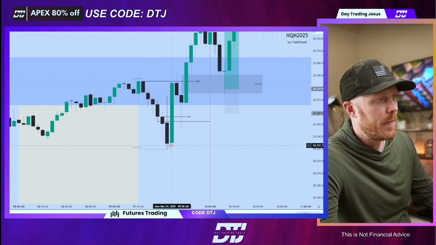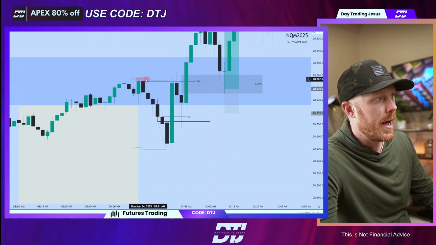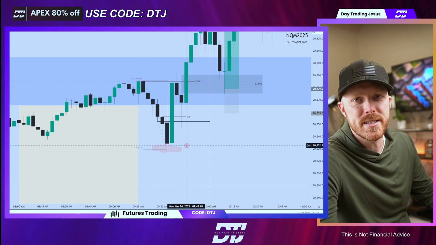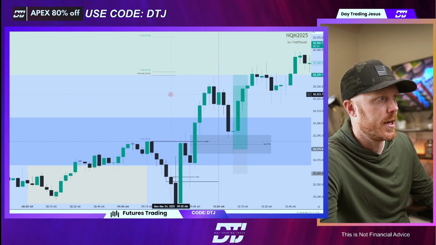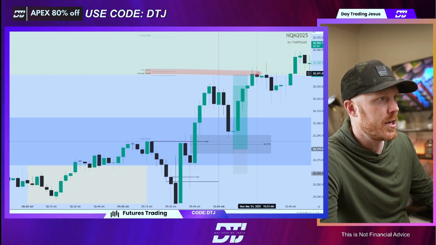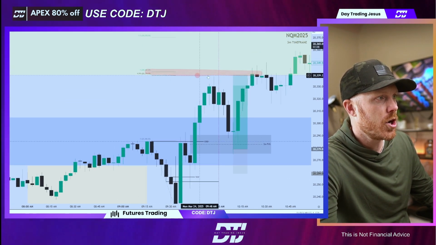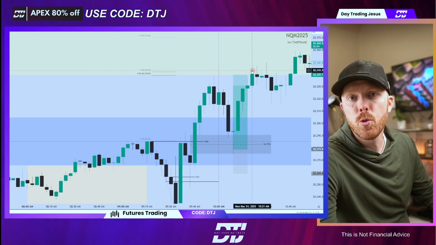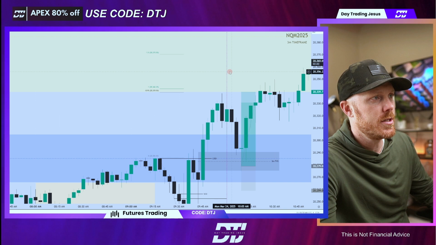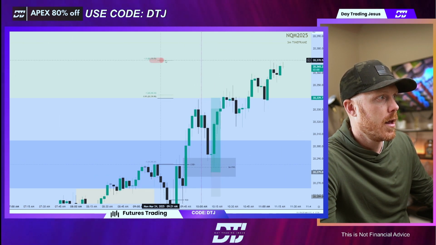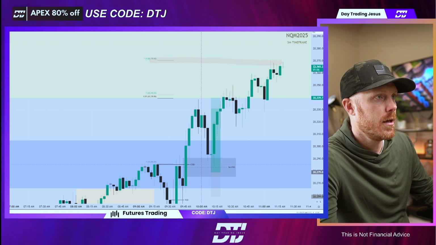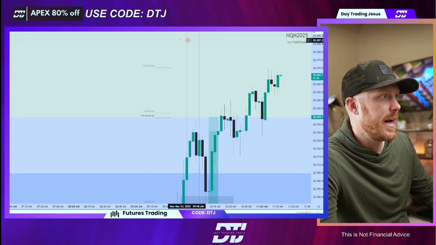So if you drop a Fibonacci tool on the high and the low and you target one standard deviation, look where that target is. Here's one standard deviation right there. That was our initial target. Boom, we hit it. If you go to 1.5 standard deviations, that's way up here. And we hit it to the tick. We just hit that to the tick.